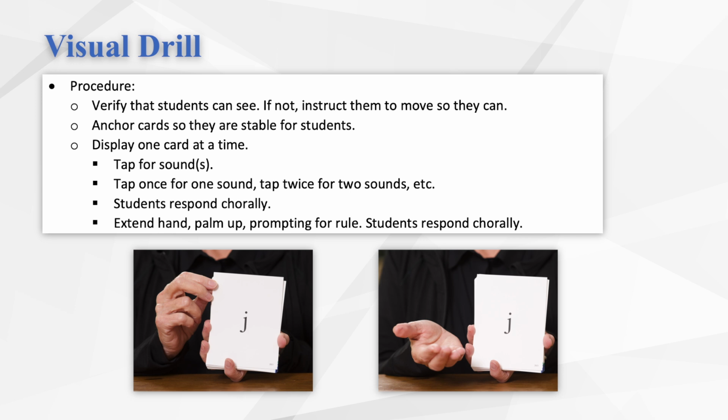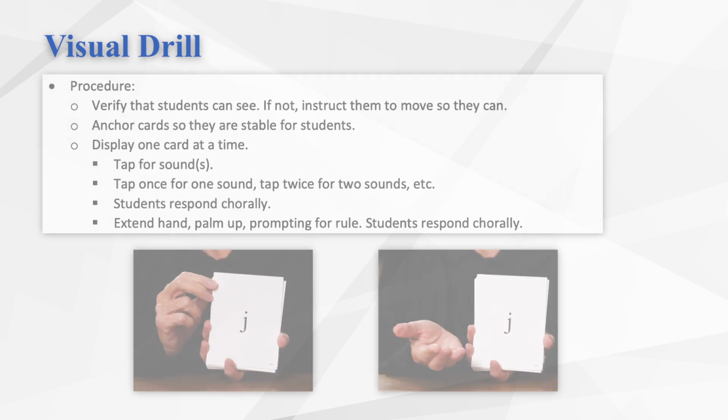When this happens, the instructor will simply tap down the card representing the number of known sounds so that students know when and how many times to respond. We also use our hand to prompt students to provide rules. By holding your hand out, you're telling the student that there is more information known about the card, and they should respond with the known prompt or rule.